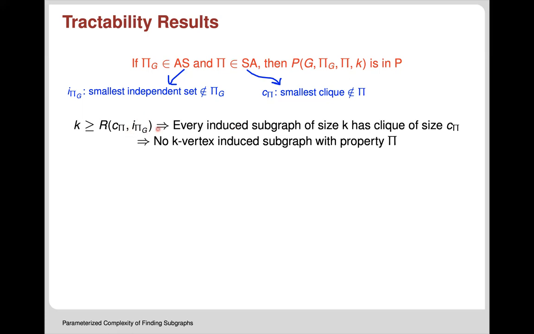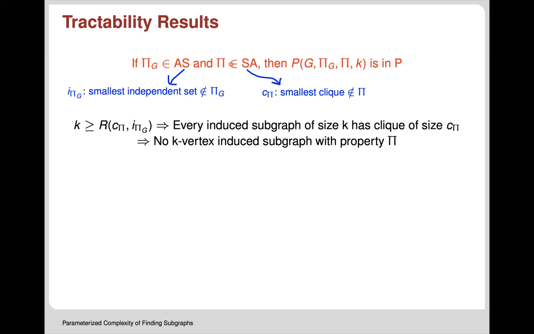If I restrict the graph to be an induced subgraph of G, then we know that G does not have an independent set of size I(Π_G). So every induced subgraph of size k will have a clique of size C(Π).